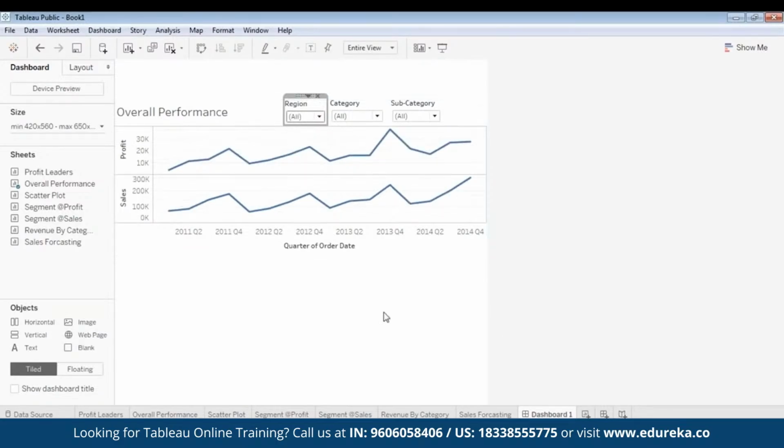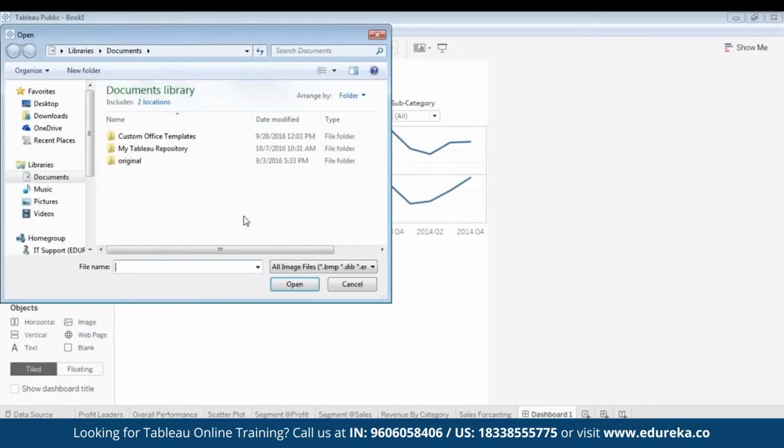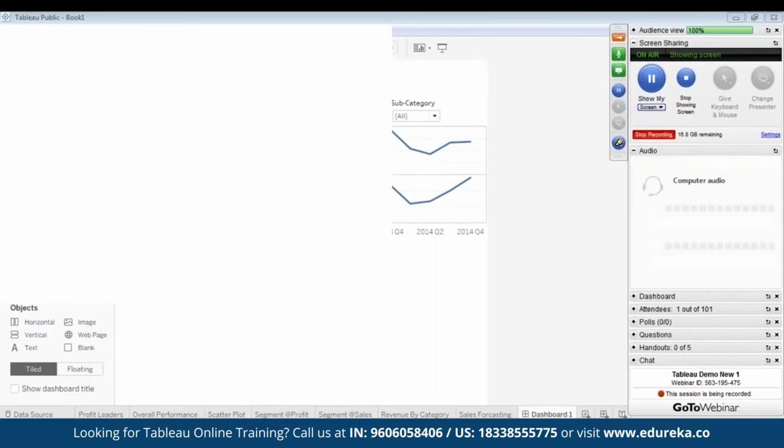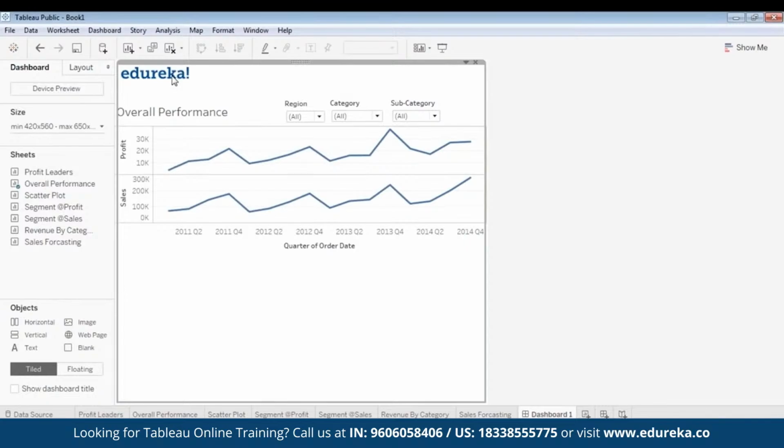Why I have left some space over here is because there are multiple objects. Now I want to add my Edureka logo also. I'm showing my dashboard, right? So my brand name should be there on the top. I'll click on this image, go to D drive, my logo is there. Select Edureka. Yep, so my Edureka is there.